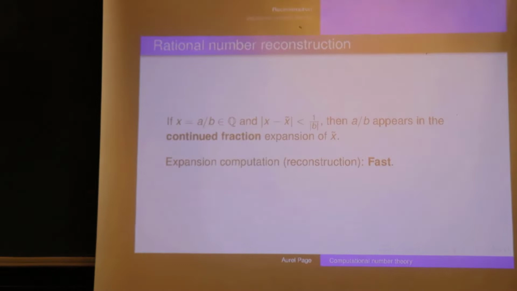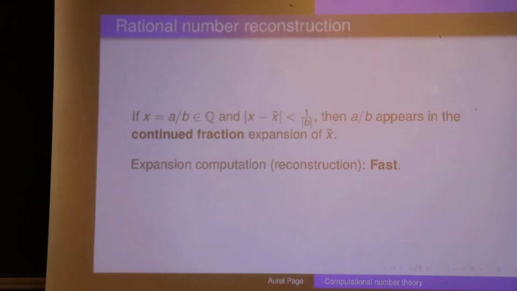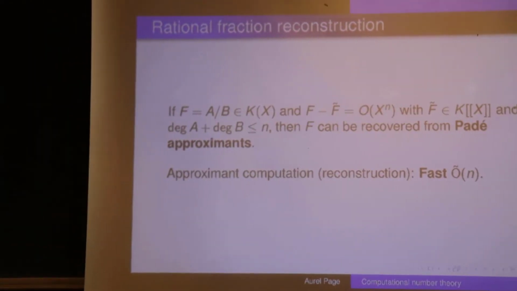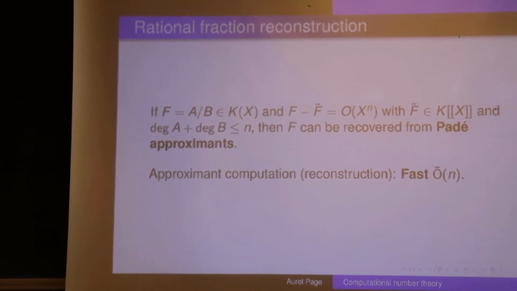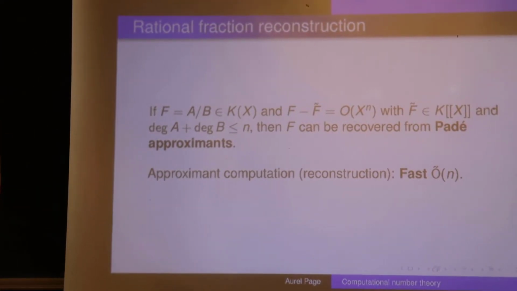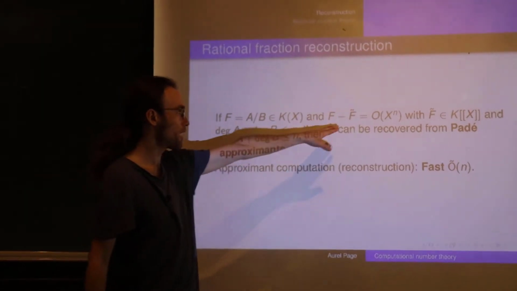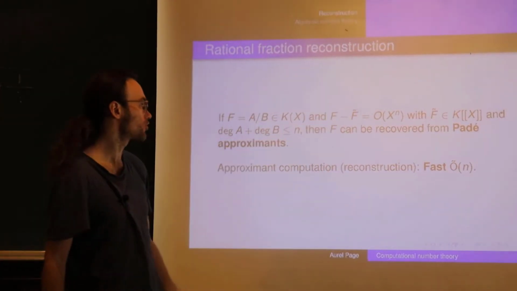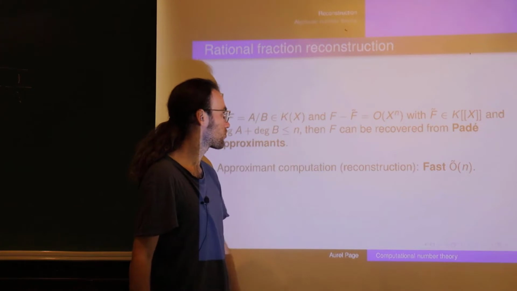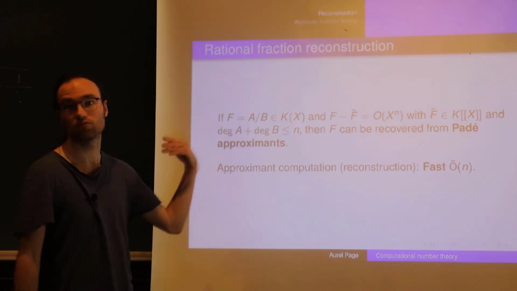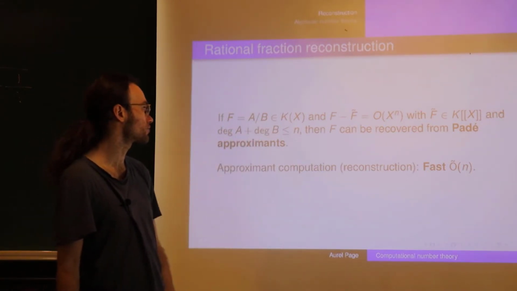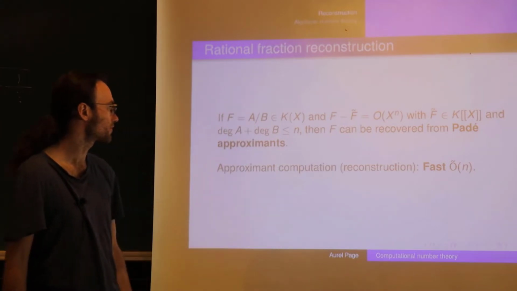And again, there is the rational functions version, the polynomial version. So in this case, we will use approximations by power series, which just means like a truncated polynomial, like the power series expansion at 0 or another point.